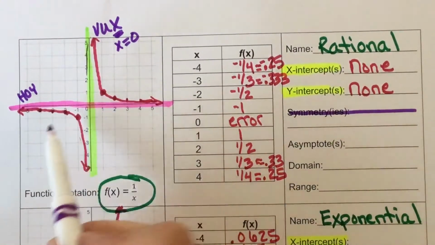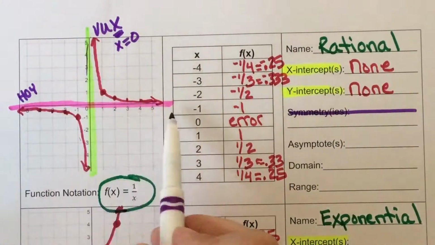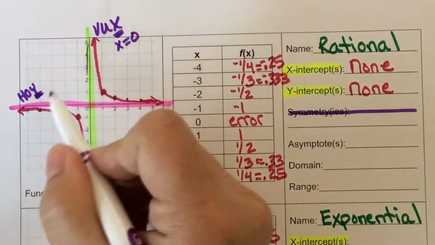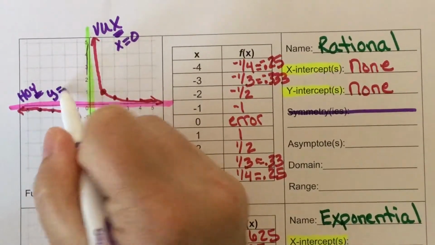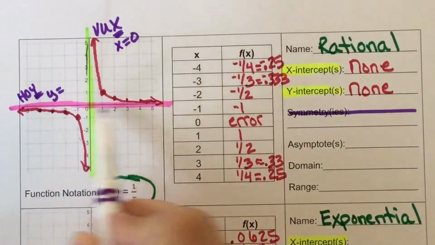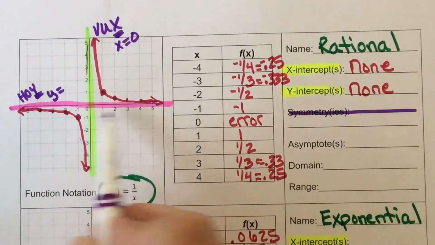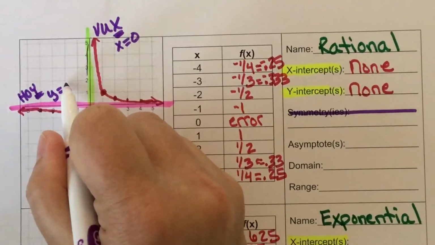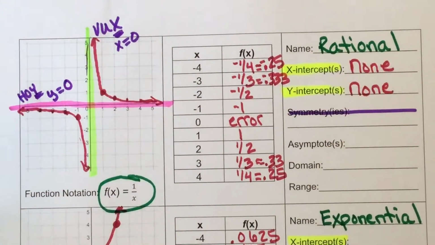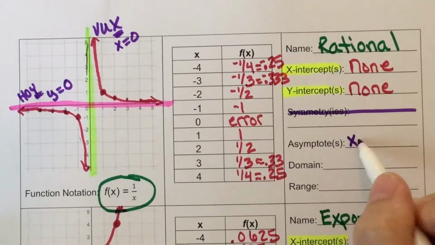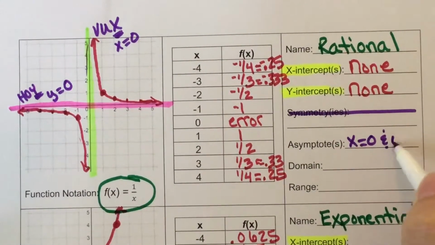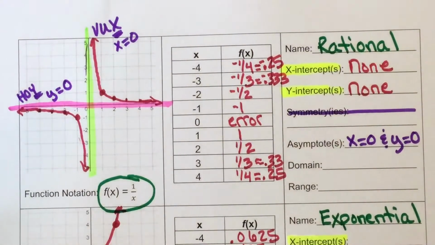Okay, this one, because it's a horizontal line and it's Hoy, it's going to be y equals. So it's going to be y equals, and who's your y value everywhere on this line? Your y is a 0. Those are your asymptotes. x equals 0 and y equals 0.